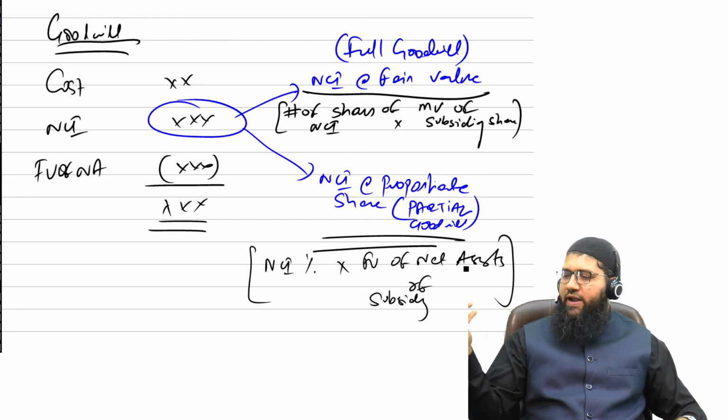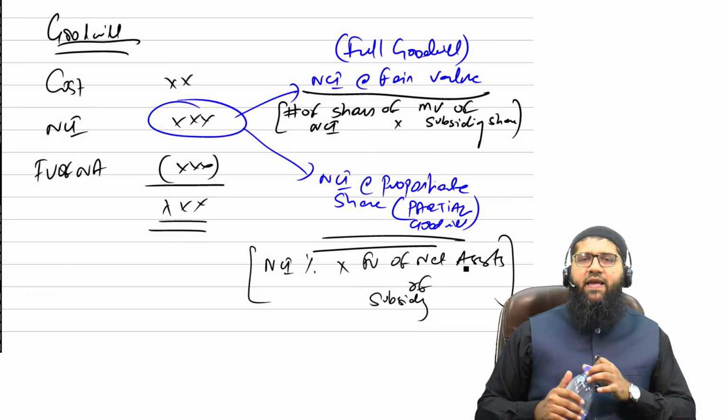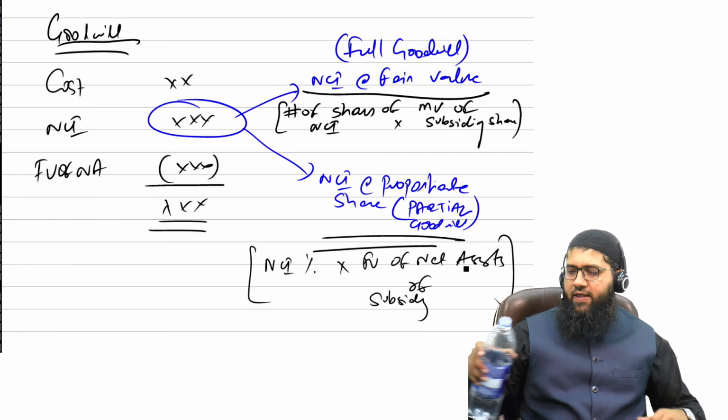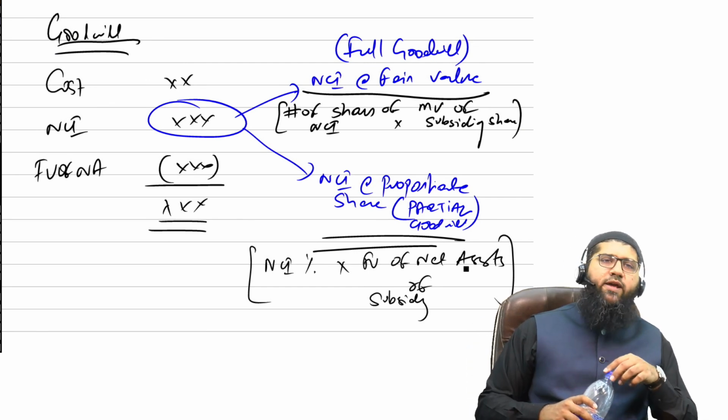The only difference is calculating NCI. When you calculate NCI at fair value, you are calculating goodwill for both the parent and the NCI. But if you calculate NCI at proportionate share, you are only calculating goodwill for the parent.